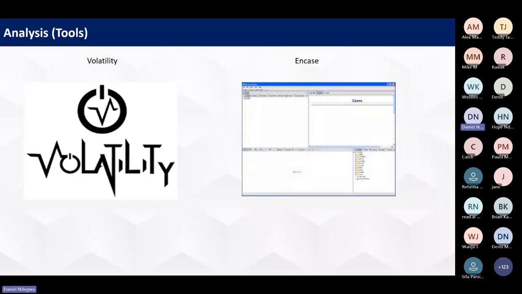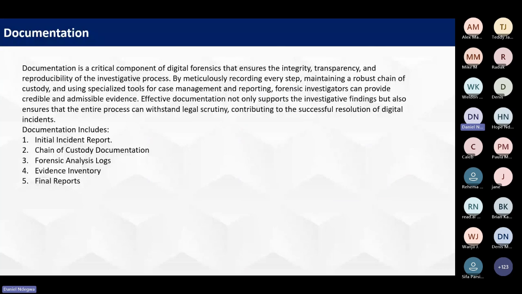And then documentation. Documentation is very important. You have conducted your analysis, you have your findings, you're able to identify what happened, when it happened, who perpetrated the attack and why the attack was perpetrated, then you go ahead and document. There are different documents that, as a forensic investigator, you need to be able to produce.